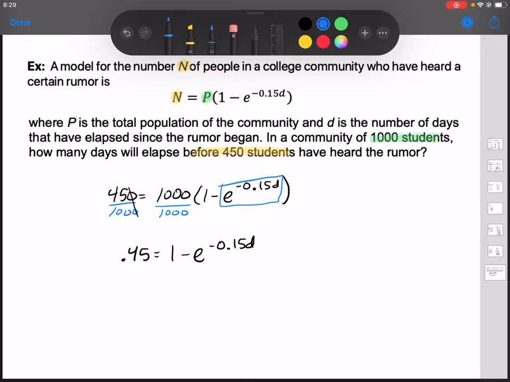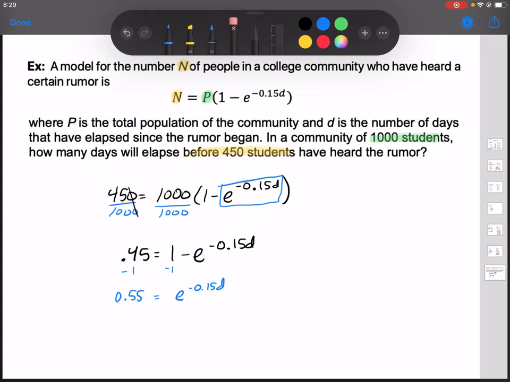Next thing I do is subtract 1 from both sides. That would give you negative 0.55 equals negative e to the negative 0.15 d, which I can just divide both sides by negative 1, so that just changes both of those to positives.